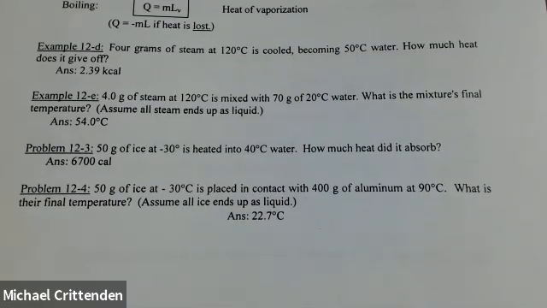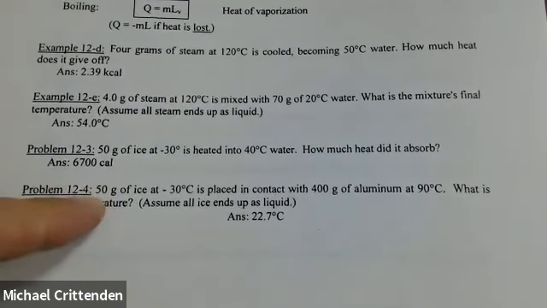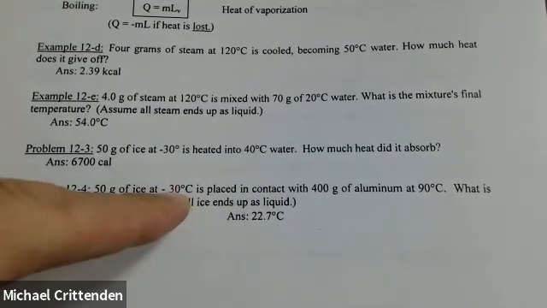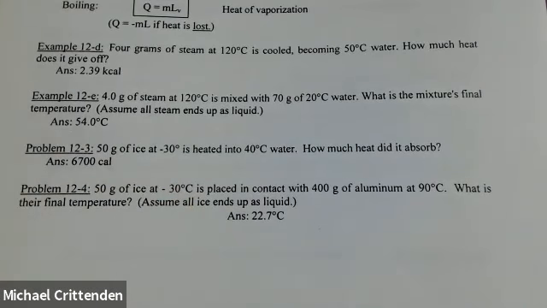So once again, 50 grams of ice, minus 30 Celsius, and to explain why the heat is flowing out of it, we're going to say that it's been placed in contact with 400 grams of aluminum.